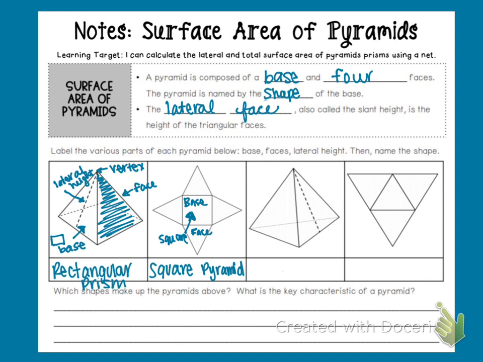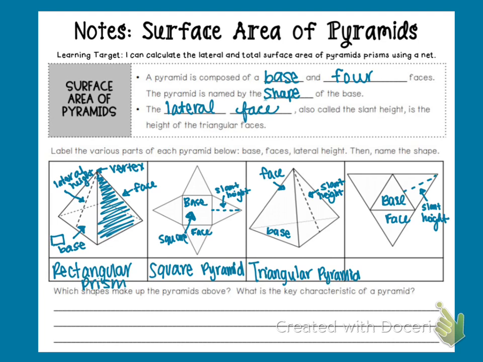And then from the base to the vertex is our lateral height, or I'm going to label it slant height this time so we know that it has 2 names. Okay, I'm going to press pause, and then you label the next 2.